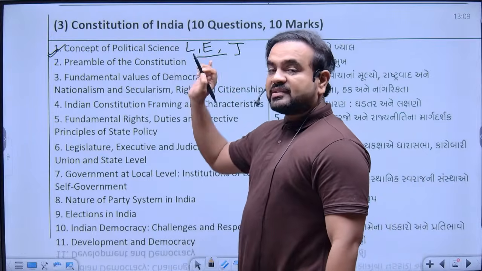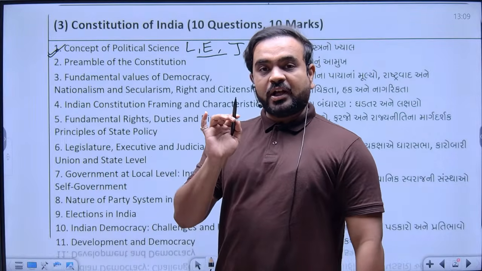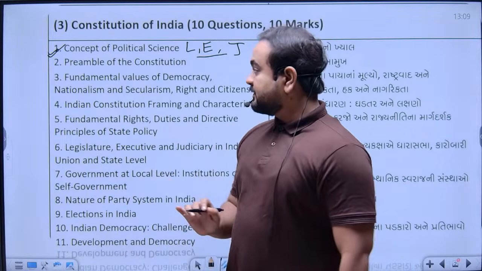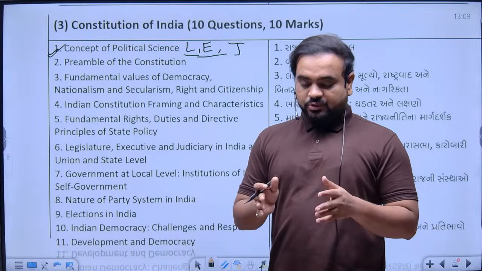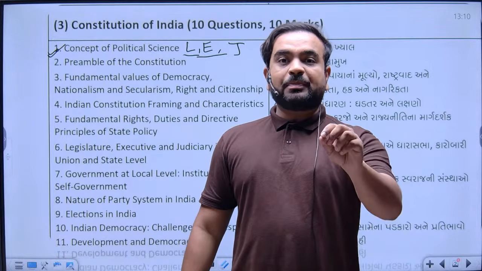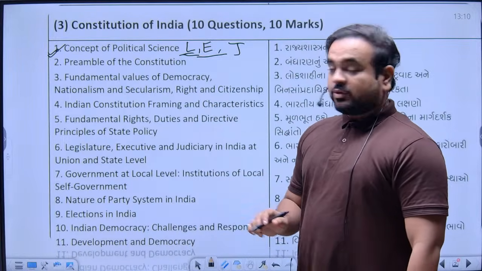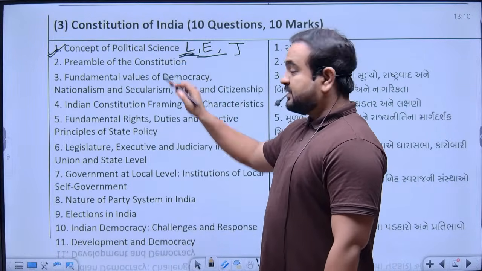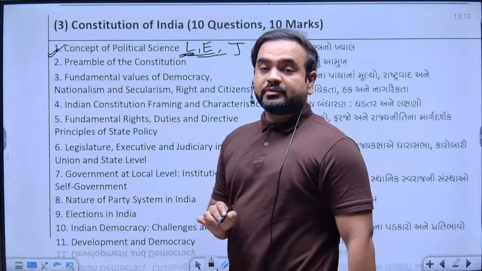So the basic concept of political science, you have to study this first. That should be your first preference, that what is legislature. For example, for today, let's talk about Rahul Gandhi. Rahul Gandhi is a member of the parliament. So you can say Rahul Gandhi is a member of the legislature, but you cannot say Rahul Gandhi is a member of the executive.